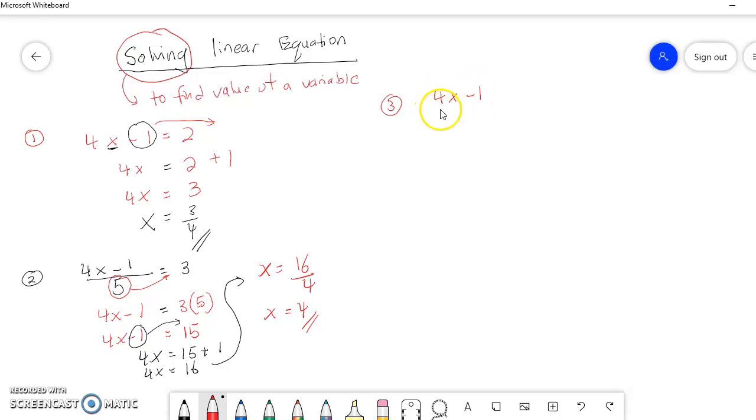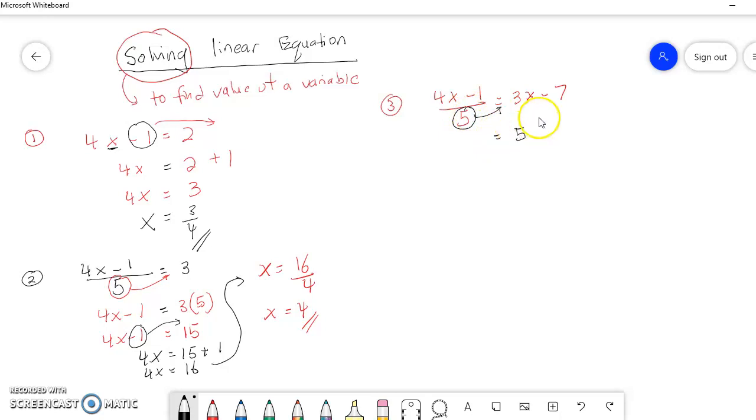Now let us try a different type of question. 4x minus 1 over 5 equals, now I'm going to make the question a bit more difficult, so I make it 3x minus 7. This 5 will move here, it will become multiply.